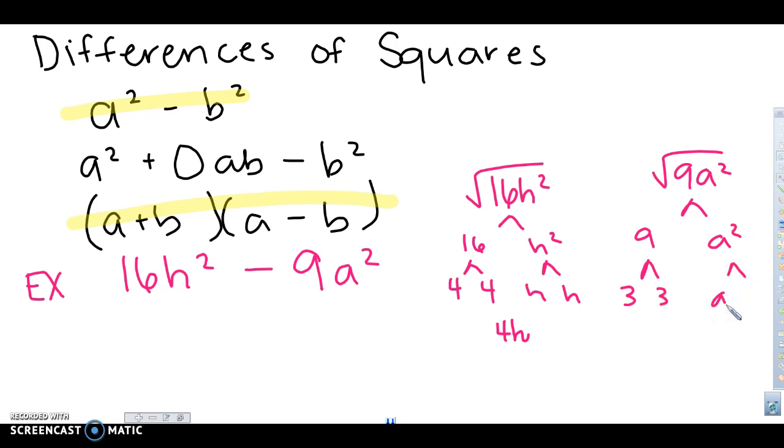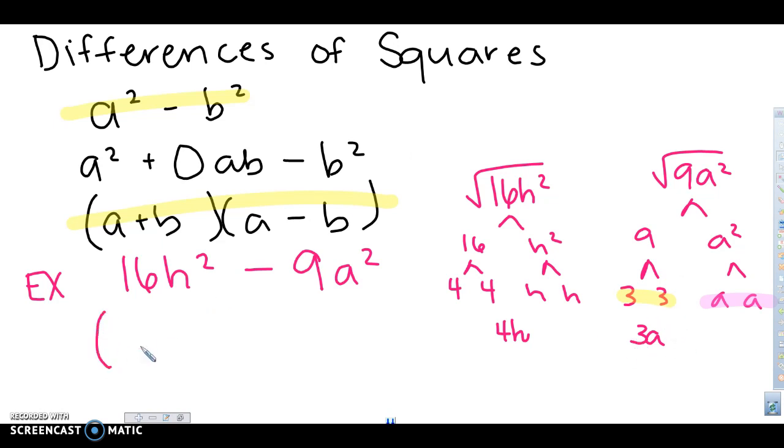A squared breaks down into a and a. I take one of each pair, so I have a pair of 3's, I take one of those. I have a pair of a's, and I bring down one a. So my b term is that 3a.